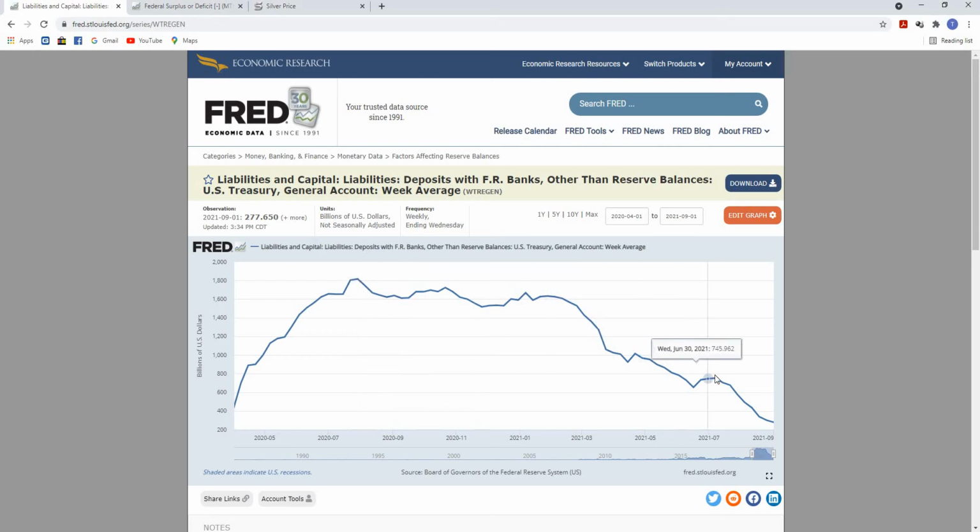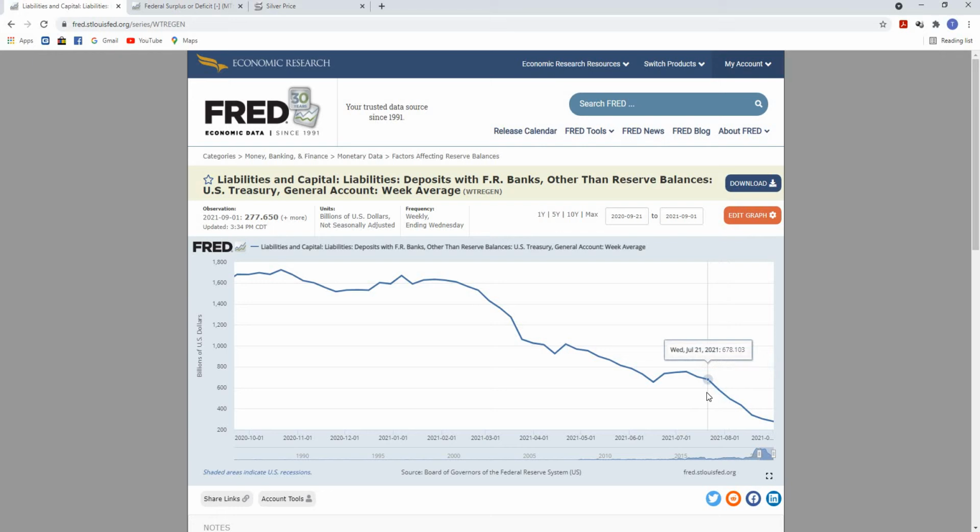Well, now, because the debt ceiling was reached around the end of July, the federal government has reached a point where it can't really borrow any more money. It can only issue debt up to a certain ceiling threshold, and after that, it's not allowed to issue any more debt. It must operate purely off tax revenue. Well, the tax revenue is coming in, but it's not enough to keep up with expenses, obviously, and we are now drawing down on that General Treasury Account.